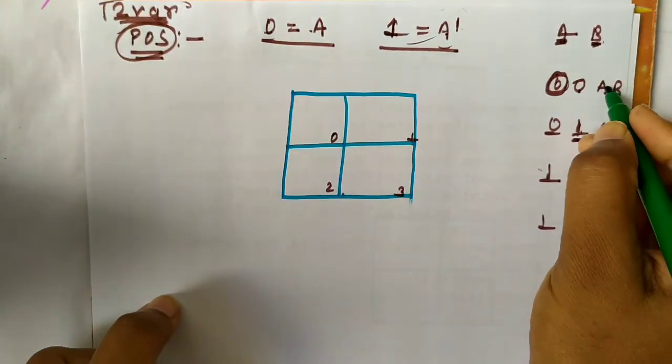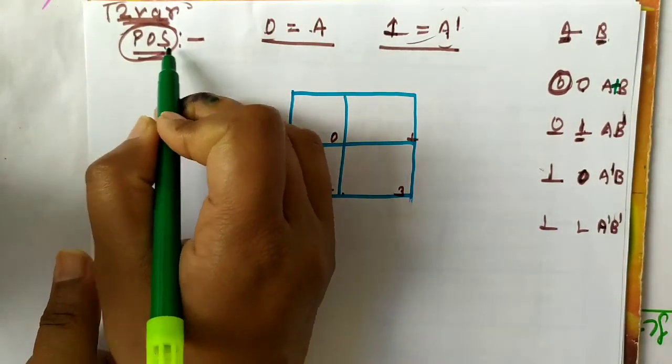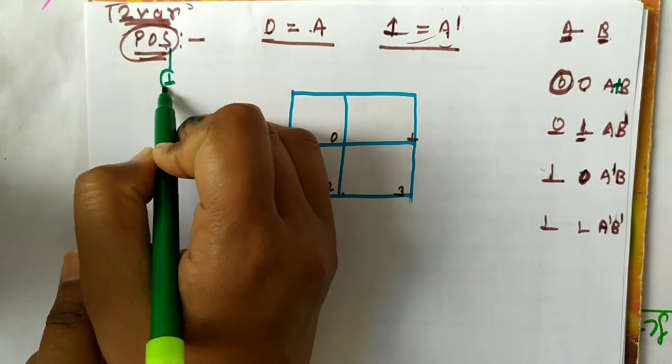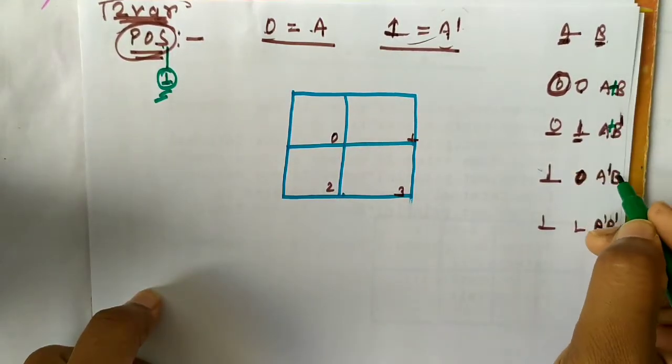So we have to put the add sign. Why? Because POS means product of sums, the sum appears in the first position. So that's why we use a sum.